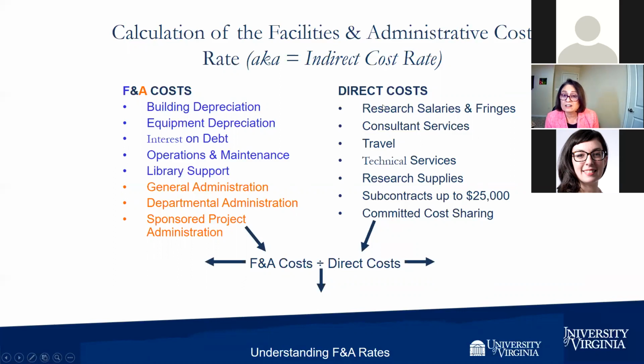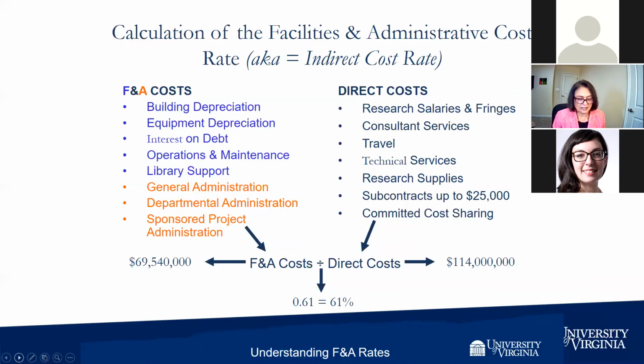The direct costs are modified total direct costs, okay? You can see subcontracts up to 25,000 are included in the direct cost base. Committed cost sharing is included in the direct cost base. Salaries, consultant services, travel, these are all in the direct cost base. So this is how the F&A cost rate is calculated.